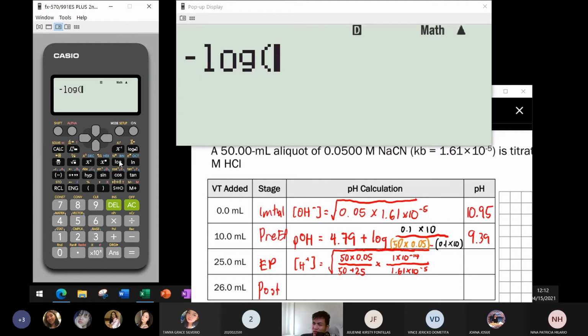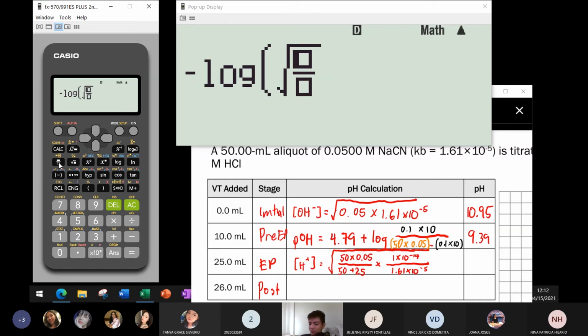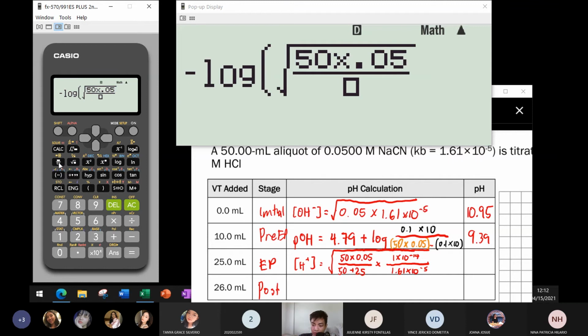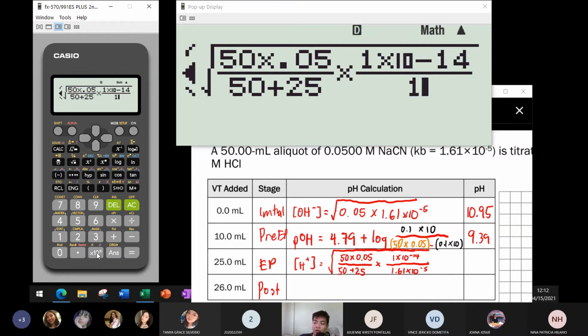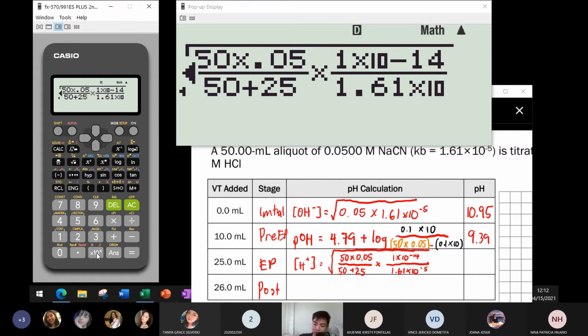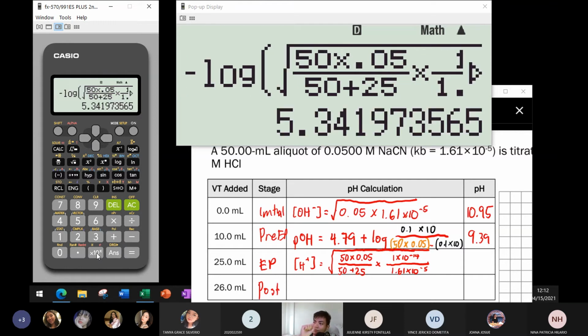Negative log square root na 50 times 0.05 divided by 50 plus 25 times, fraction ulit, 1 times 10 raised to negative 14 divided by 1.61 times 10 raised to negative 5. Enter. Yan na yung pH, no? 5.34. Okay. Ayan na.